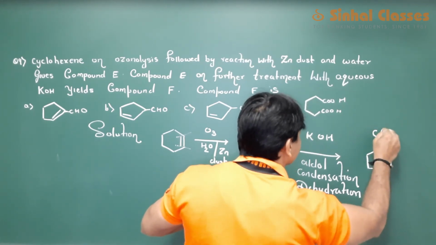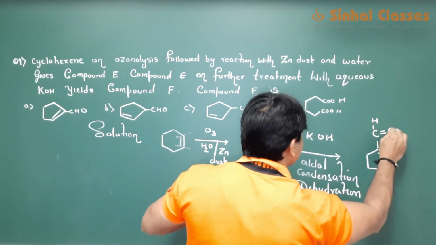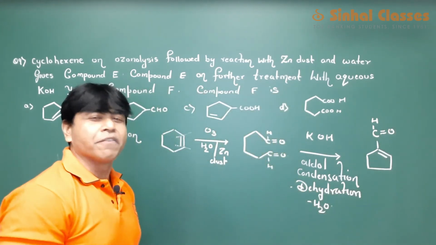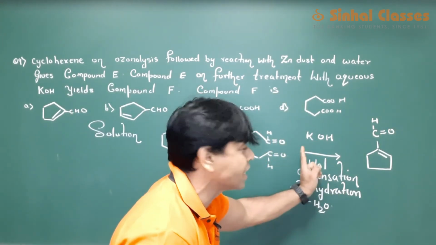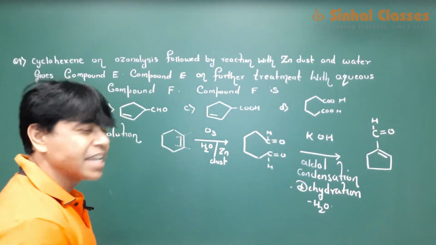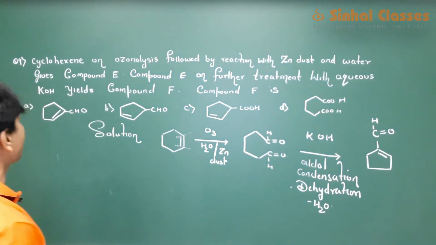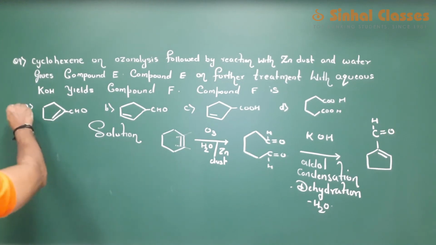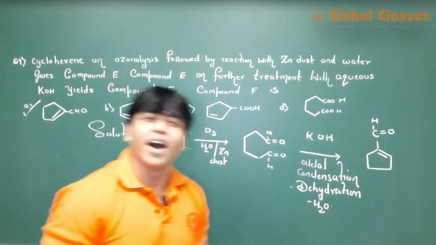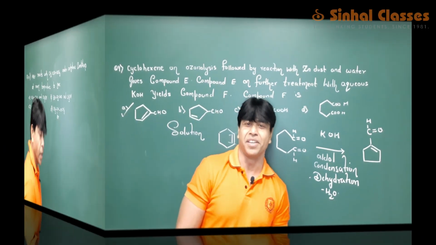You will get CHO as the final product on aldol condensation and dehydration. So your option from here will be A. A is the correct answer for this question.